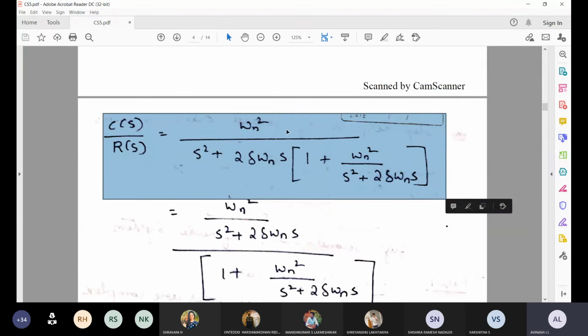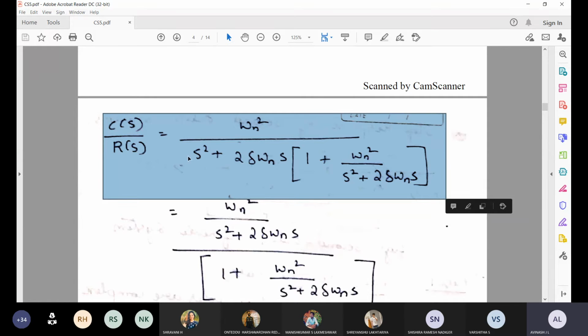C of S divided by R of S equals omega n square divided by S square plus 2 delta omega n into S, into 1 plus omega n square divided by S square plus 2 delta omega n into S. If you rearrange this equation, can you get the previous equation back? You will get it, right?